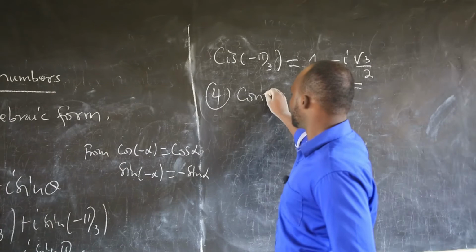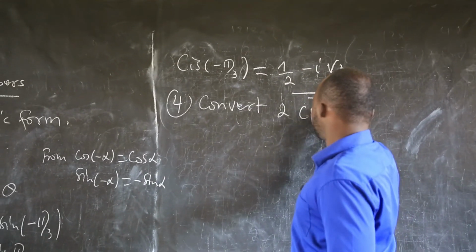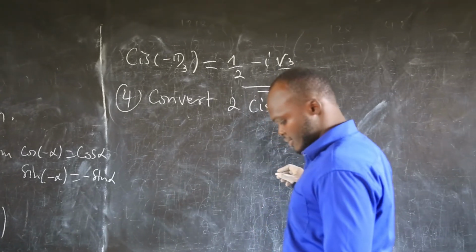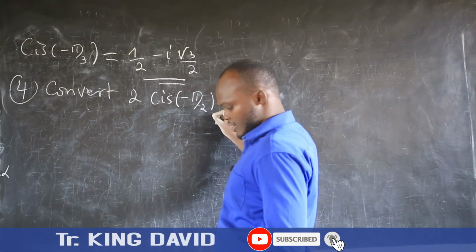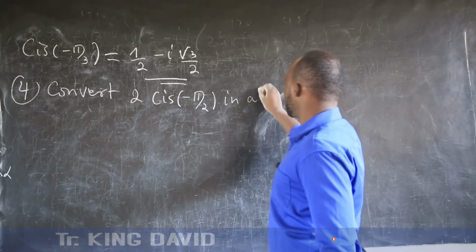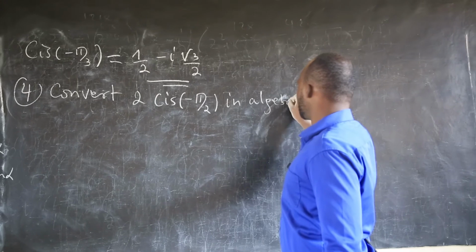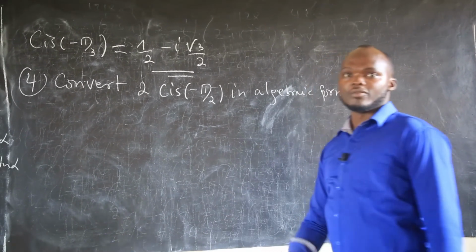Now I have number 4. Convert 2 CIS of negative pi over 2 to algebraic form.